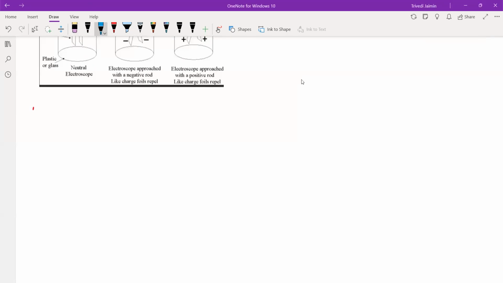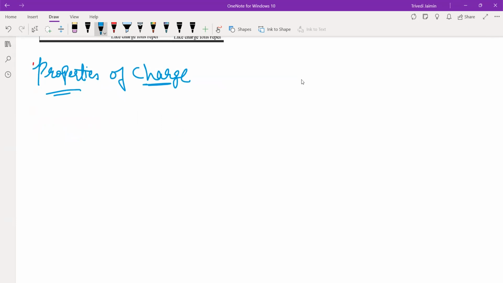Okay, then let's go for properties of charge. Can someone name the properties of charge? What are the properties of charges? Like charges repel and unlike charges attract. Exactly. And sir, the charge is conserved.